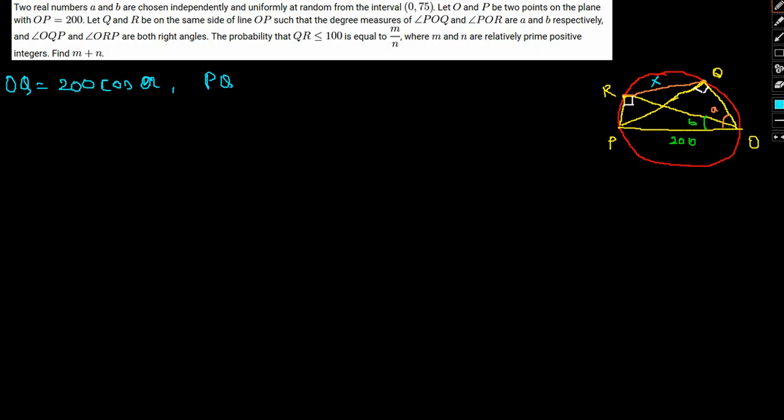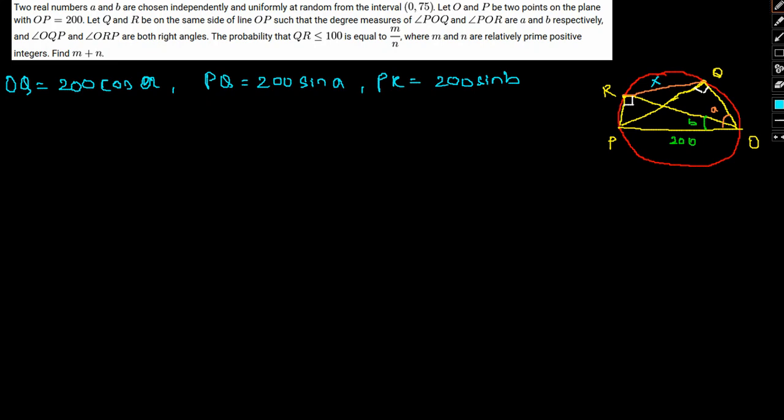Similarly, PQ will be 200 sin a, and PR will be 200 sin b. Let me explain PR as well. For PR, let me consider triangle RPO. Here sin theta would be RP by PO, where PO is the hypotenuse.